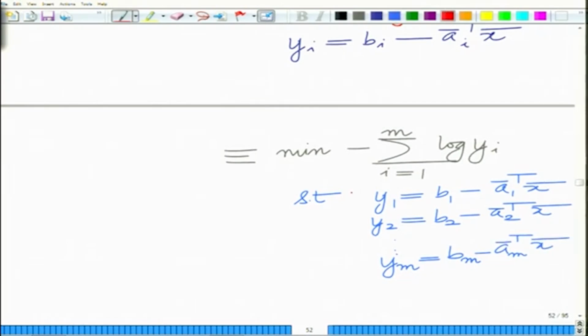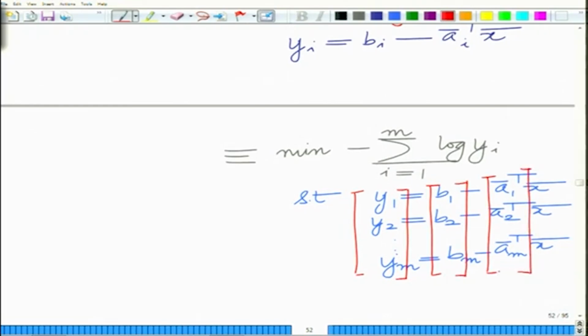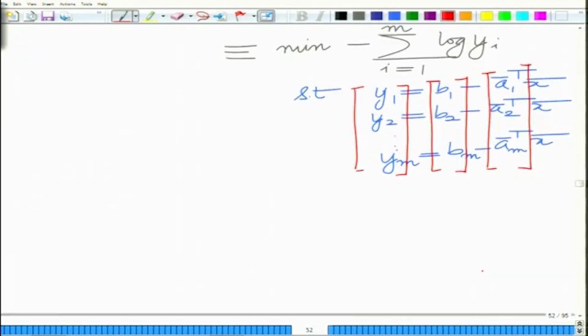And in fact, you can stack these things as a vector. Once you stack these things as a vector, what you get is the following. You can write this as y bar equals b bar minus matrix A times x bar. What is A?